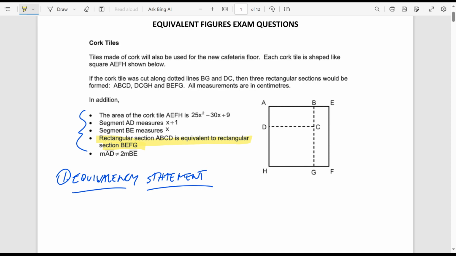They didn't say area is equal to area, they used the word equivalent. The one thing I haven't mentioned before is that if they mention this phrase, what they're actually telling you is that the lengths could be equivalent, the areas could be equivalent, and for prisms, the volume could be equivalent as well.